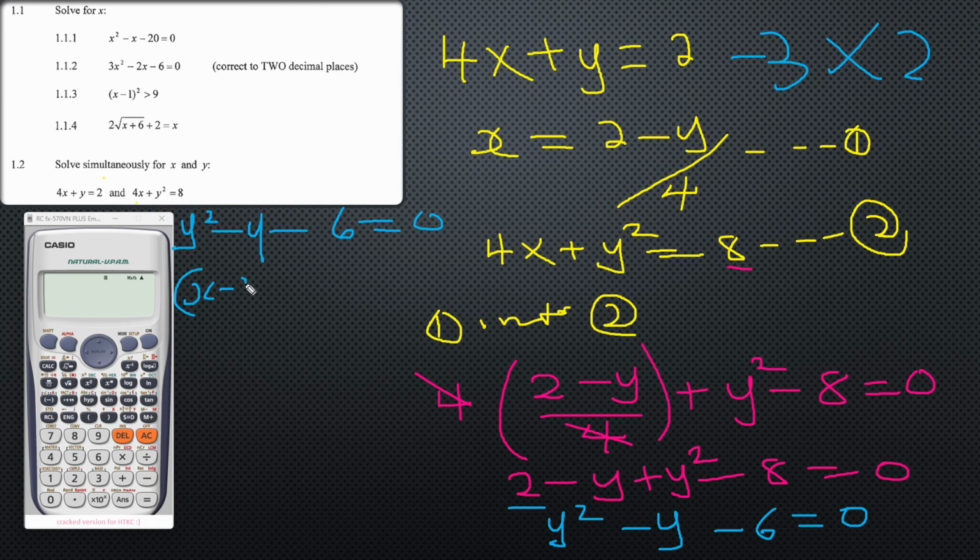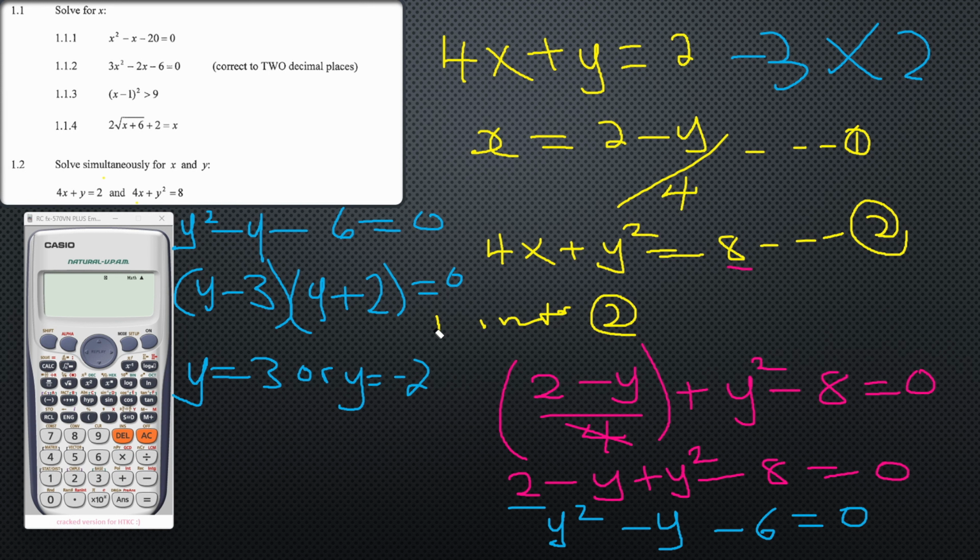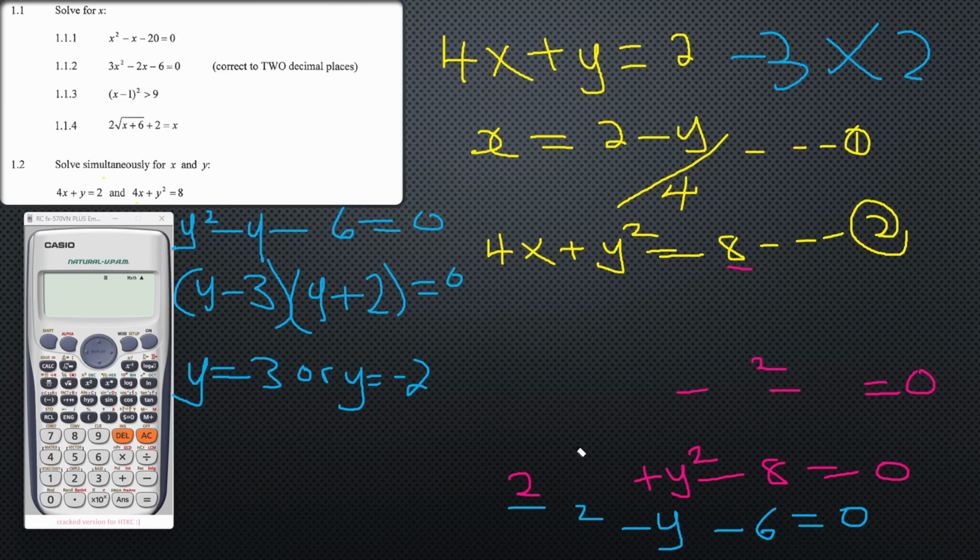So (y - 3), sorry, we are using y, I'm used to x now. (y - 3)(y + 2) = 0. The final answers will be y = 3 or y = negative 2, right?